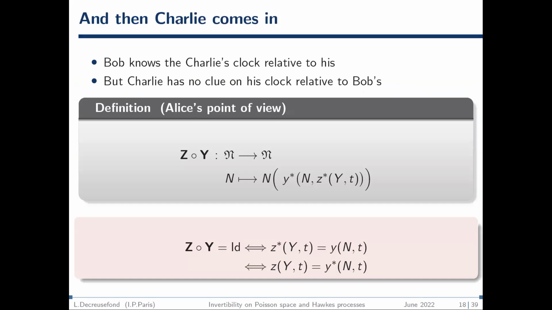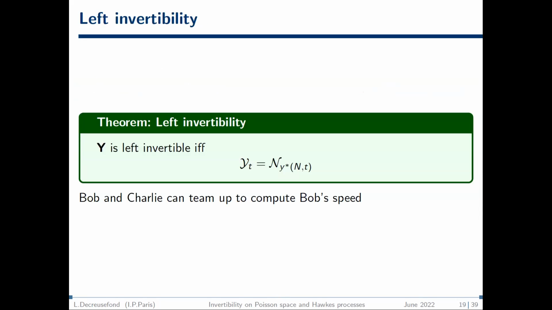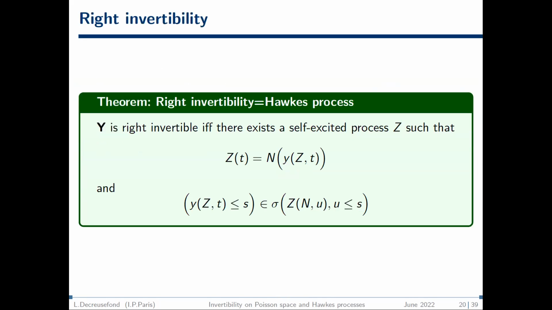That means that if we want to construct a Hawkes process with respect to little y, we have to show that capital Y is right invertible. So it's a change of point. You have to solve a fixed point equation in some sense.